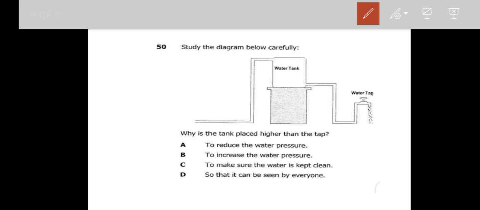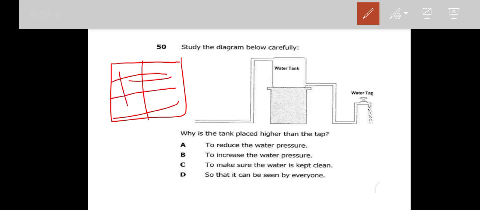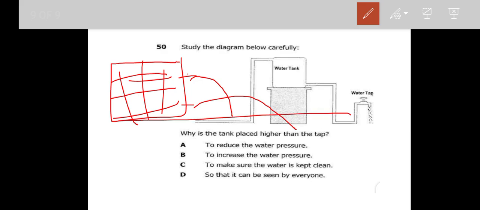So let me put it like this. You have this container. When you make 3 holes here, you find that the water coming out from the bottom hole will reach this side. Then the one on top here will just be below, like that. I'm sure you've seen this somewhere. So that's how pressure works.